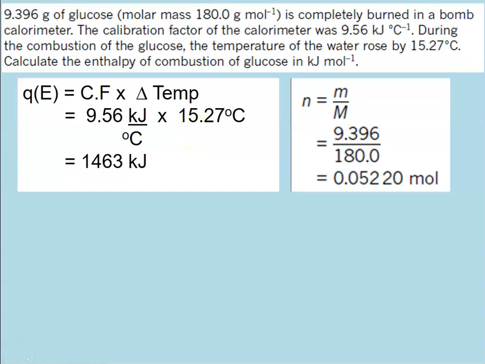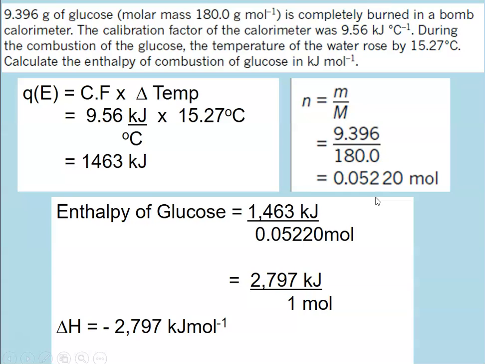In this case, we want to know how many kilojoules per mole, so we're turning our mass of food into moles, and then we're working out how many kilojoules per mole.